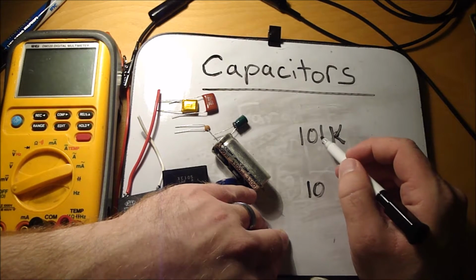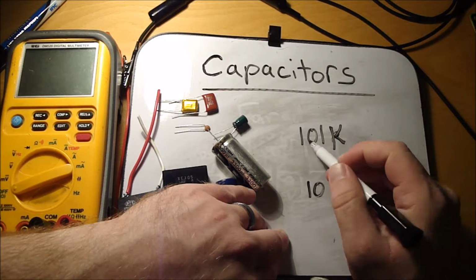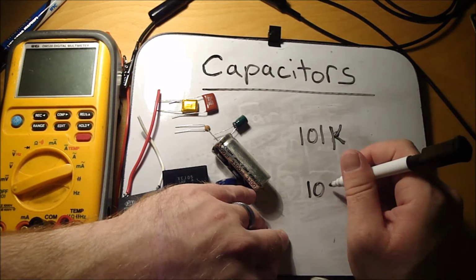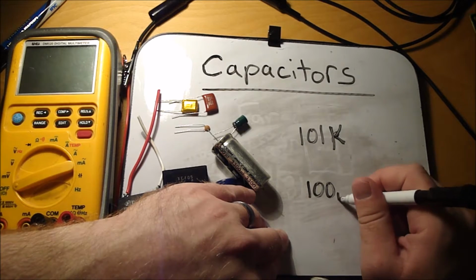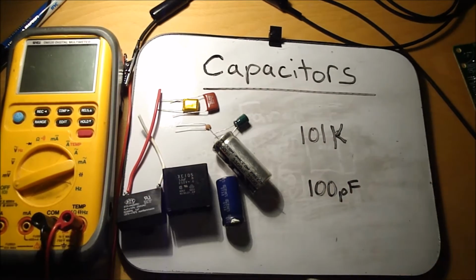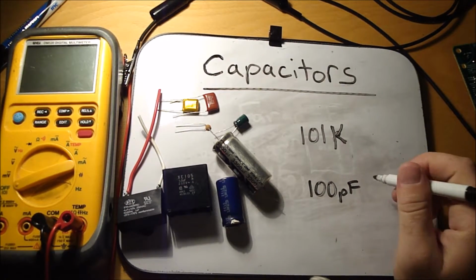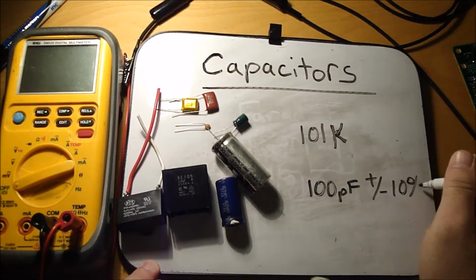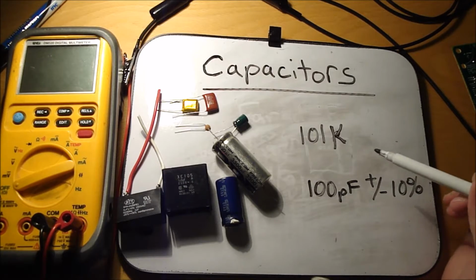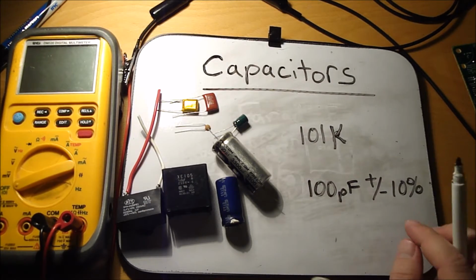So this is telling you how many zeros are after the first two. So it's 1, 0, and then 1 more 0. So it's a 100 picofarad. The K comes out to a tolerance of plus or minus 10%. You can look up the full chart online.